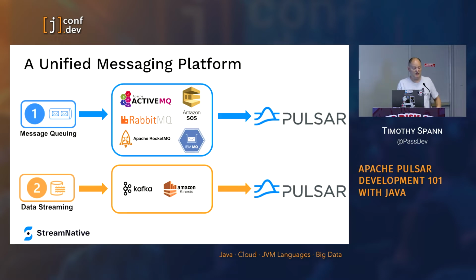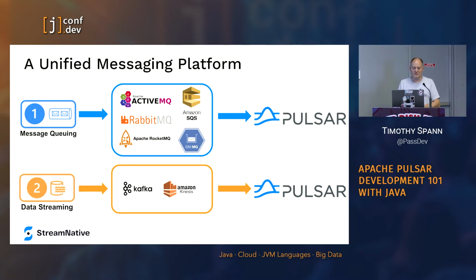And again, like we mentioned, messaging and storage. So things like RabbitMQ, we support that protocol natively. RocketMQ, which is a newer one in China, we support that protocol. And then there is a JMS protocol implementation from DataStax out there. That's not in Apache yet, but that is open source.